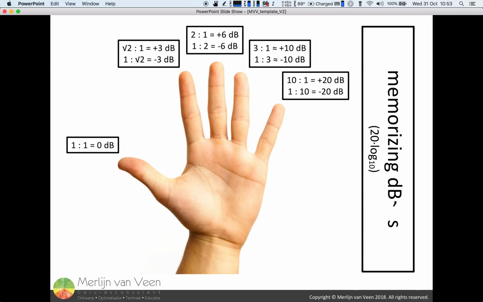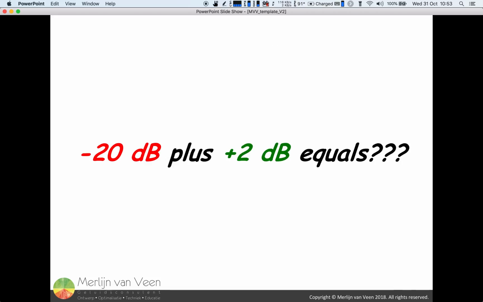But if you memorize these values by heart, these key ratios, you will be able to instantaneously say, okay, whatever the outcome will be, that minus 20 decibels is isolated of the plus 2 decibels, and it will make no or little difference because whatever it adds is less than 10%, and if it's less than 10%, the level will not go up by more than 1 dB.